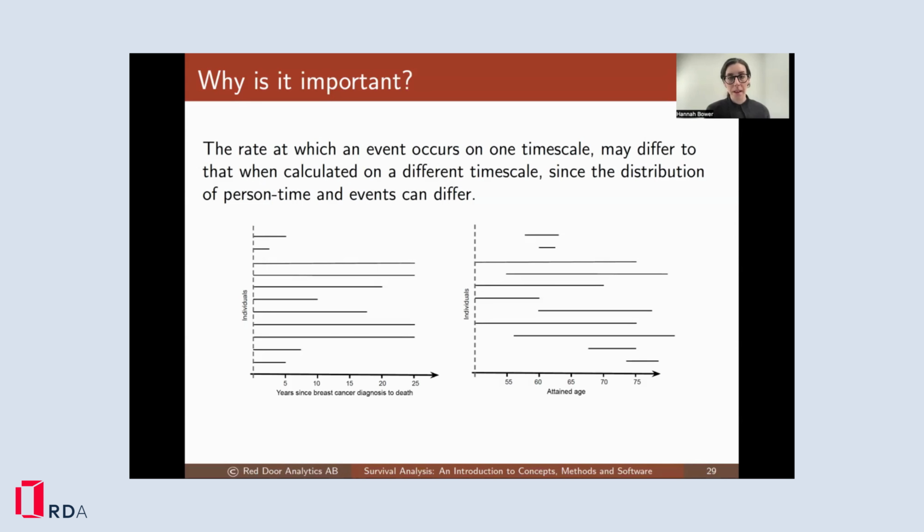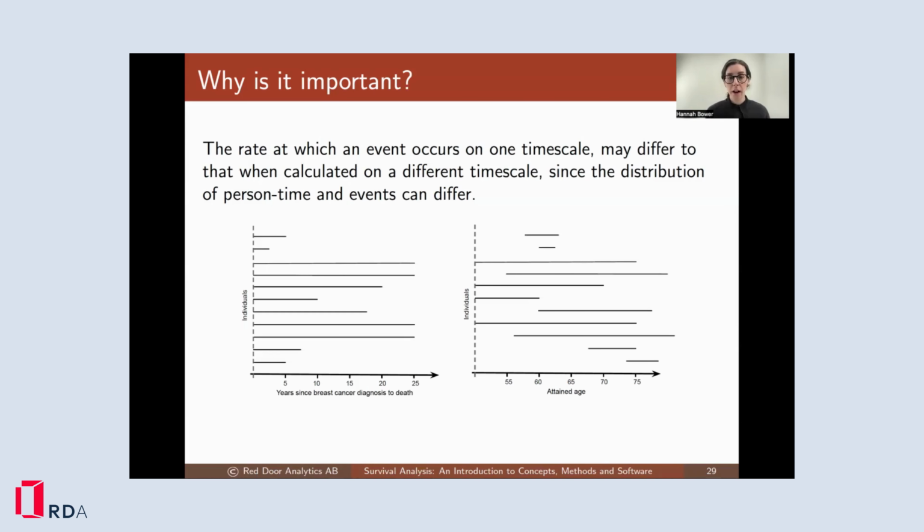Now I'm going to show you what I mean by these two plots here. On the left-hand side of the plot, we are looking at individuals represented by different lines on the y-axis across years since breast cancer diagnosis to death. So in this example, we're again following patients from breast cancer diagnosis until their death.